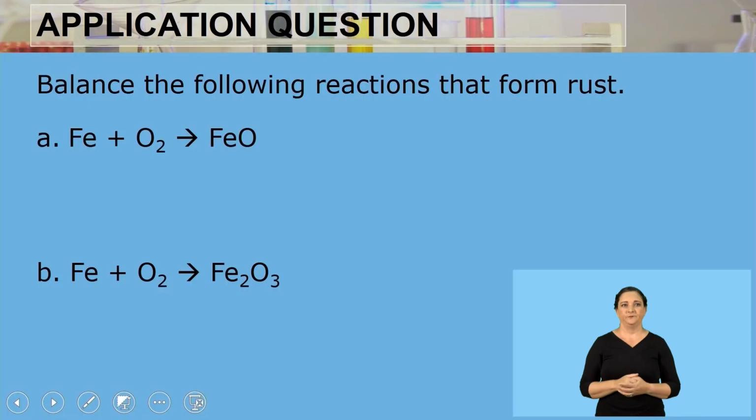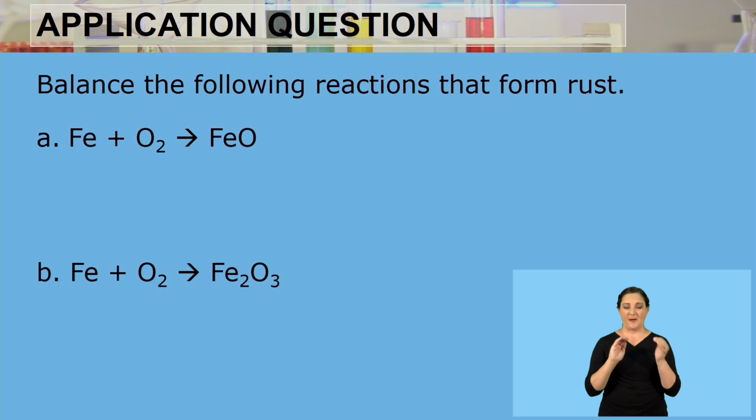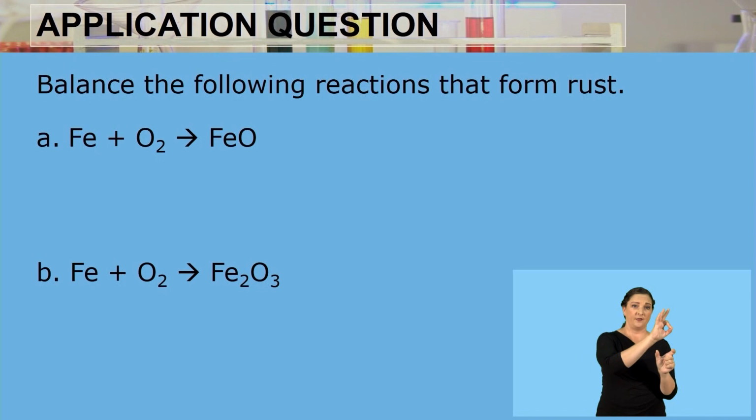Now, moving on, we are given two equations. We are asked to balance the following reactions that form rust. We can see that we have two similar equations. They both have similar reactants. Remember, reactants are written on the left-hand side and the products on the right-hand side. In the first one, we have FeO2 reacting to form FeO.